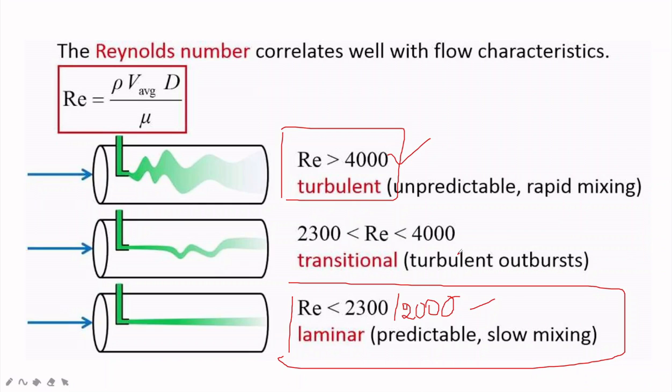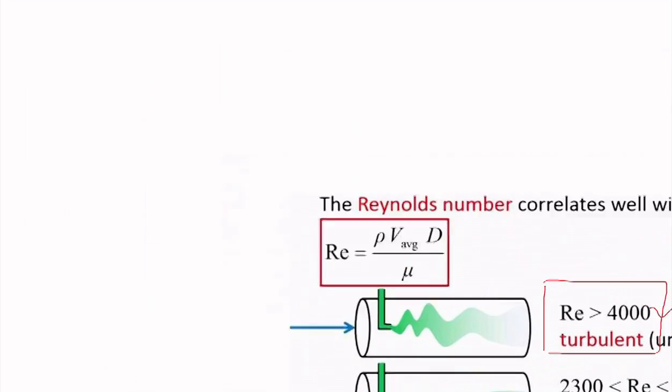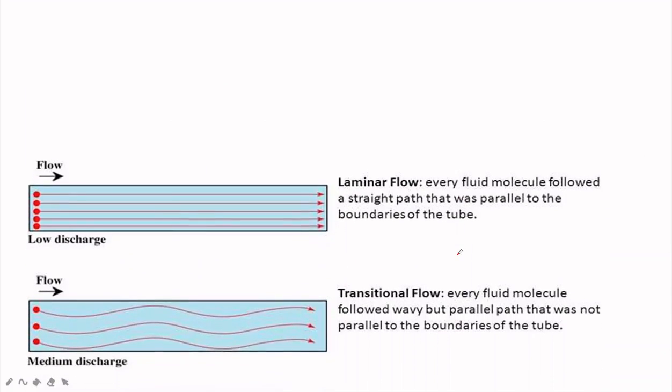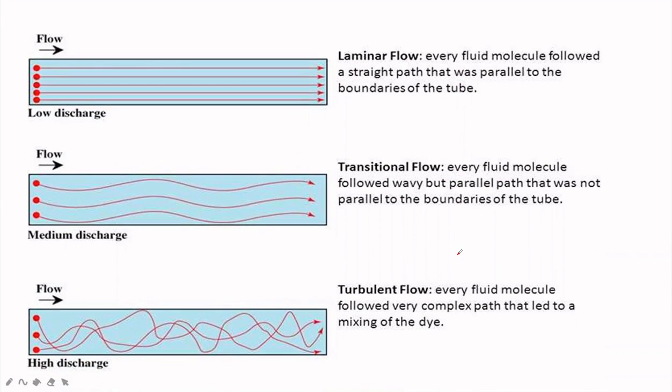So this was about laminar and turbulent flow. Next we will see the flow types. In laminar flow, every fluid molecule follows a straight path, parallel to the boundaries of the tube. If the laminar flow is there, with low discharge, then the flow is like this.